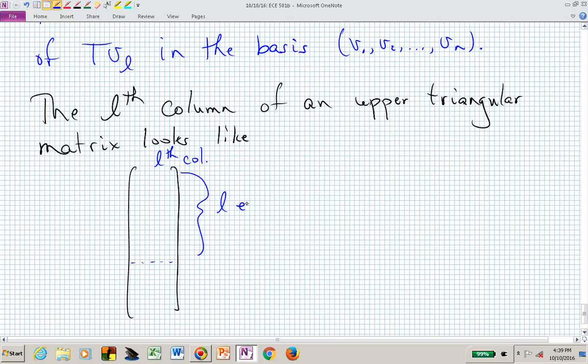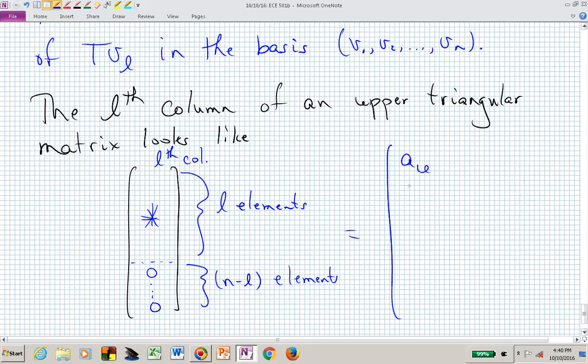So here are our first L elements in that representation, and they can be anything, correct? But what lies below that, the remaining n minus L elements? Those are all 0. Or we could label this as A1L, A2L, down to A sub LL, and then we have 0 below that.